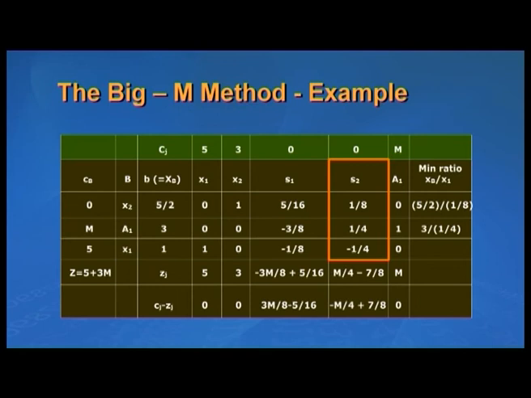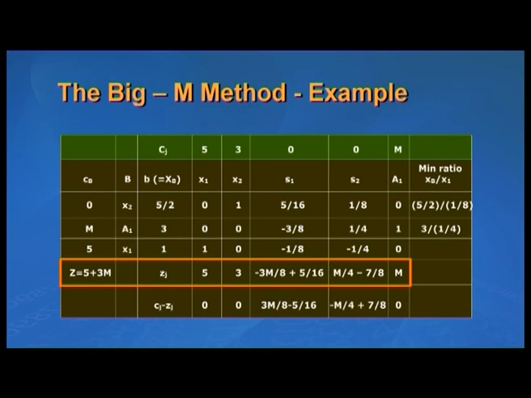The S2 values are 1 by 8, 1 by 4 and minus 1 by 4. The values of A1 are 0, 1 and 0. The minimum ratios are 5 by 2 divided by 1 by 8, 3 divided by 1 by 4. The value of Z is 5 plus 3M.